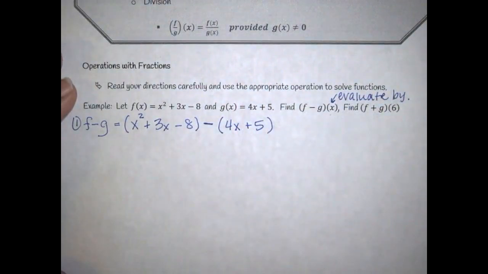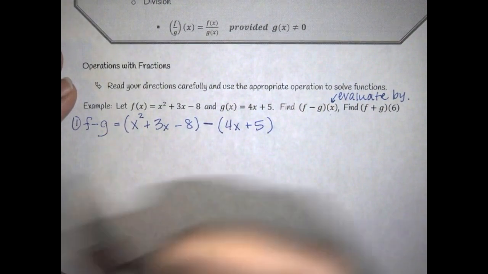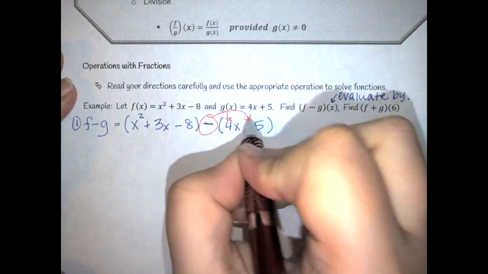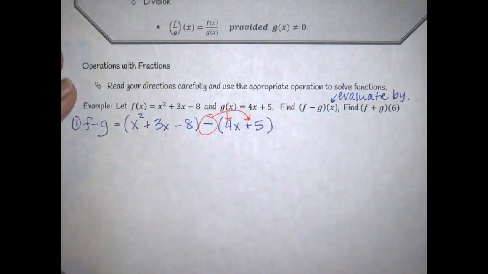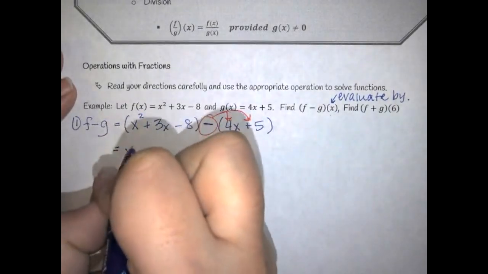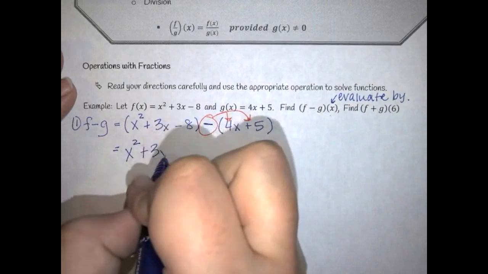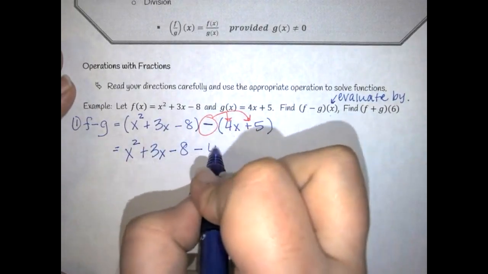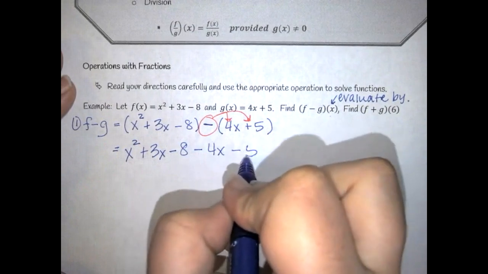Now once you've put your expressions where they belong, you then have to do the math. The math here says that I have to take this negative sign and transfer it through my parentheses into the back. So this is going to become x squared plus 3x minus 8, and then minus 4x minus 5.